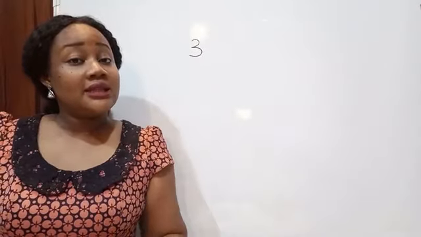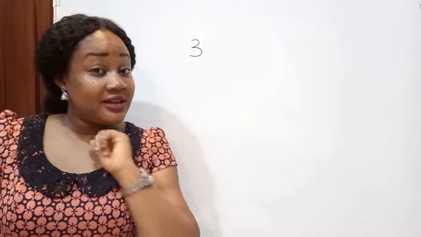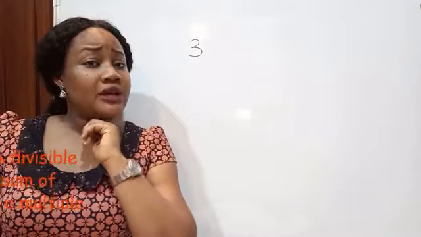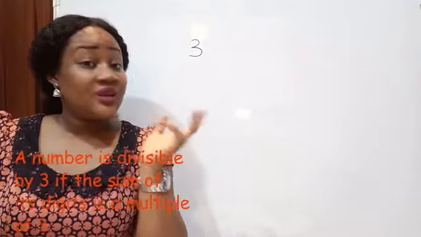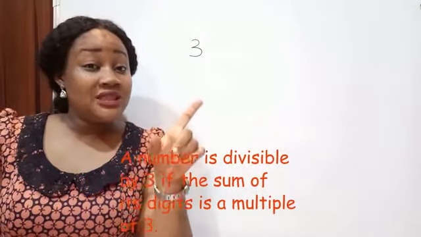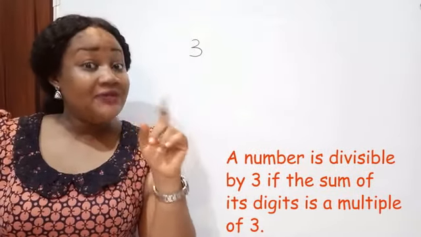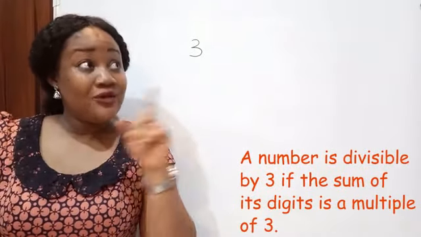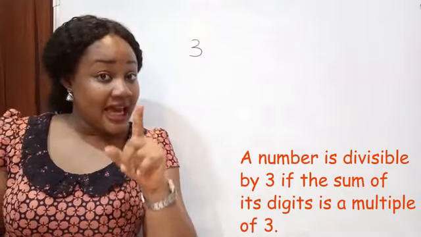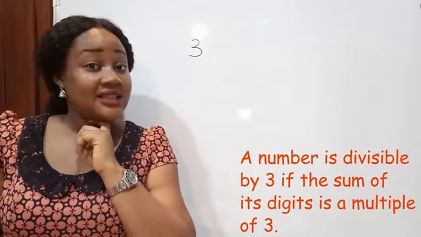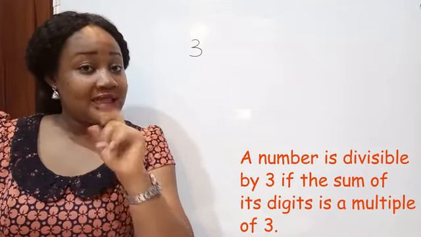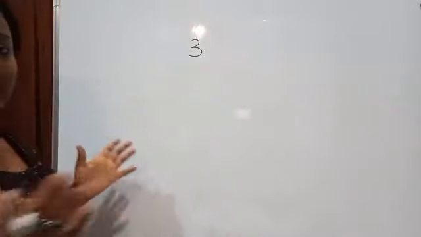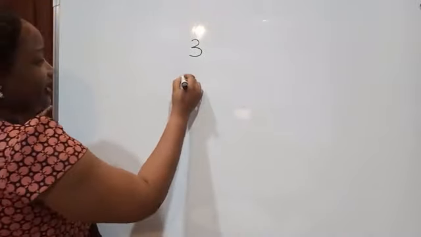So let's look at 3 as a divisor. How do you know if a number is divisible by 3? Very simple. Just sum up the digits in the number, and if the sum is a multiple of 3, then 3 can divide that number. Let's say we have 45.